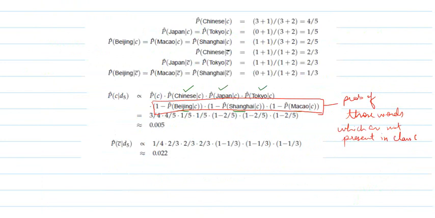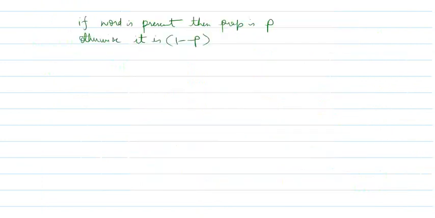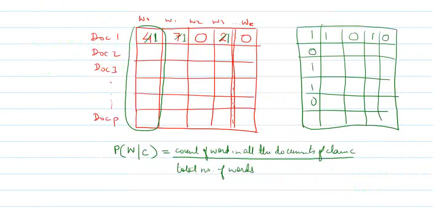So whenever we calculate the probability of a term or a word given a class, in Bernoulli it is the fraction of documents of class C that contain the term T. But in case of multinomial Naive Bayes, we are not going through the fraction of documents, but we are going through the positions at which the term is present or not.